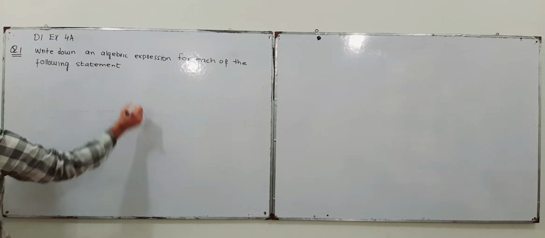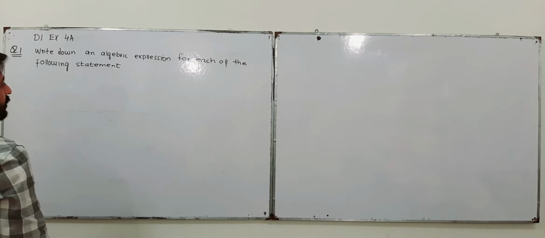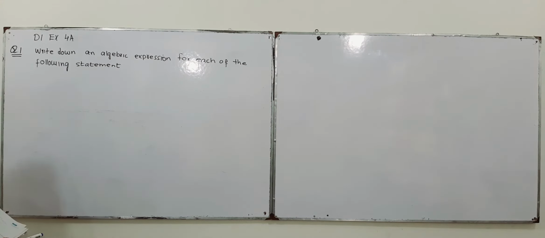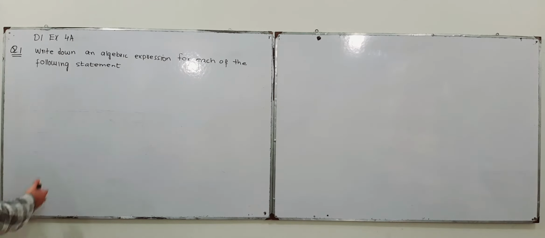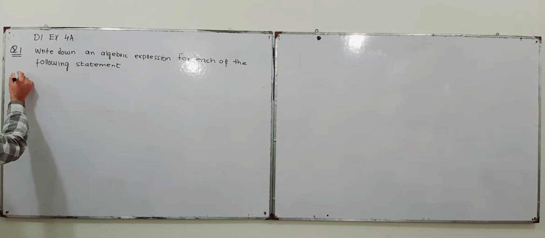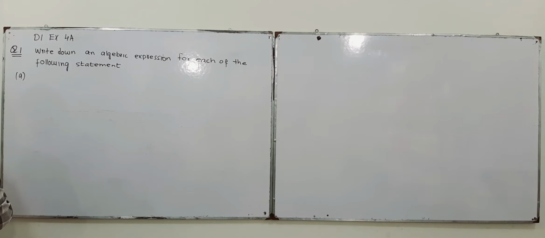This is very important as far as understanding of algebra is concerned, because if you are able to write down algebraic expressions, then you can form or solve problems related to algebra.